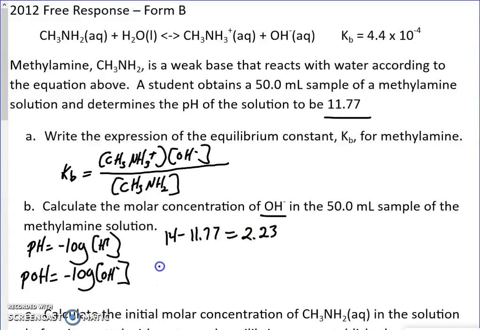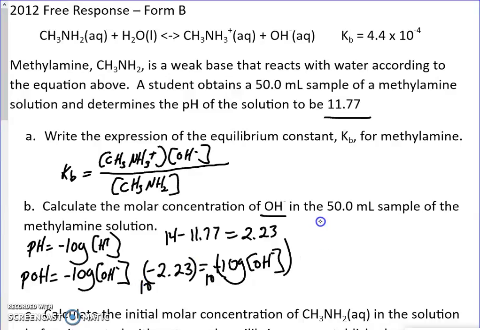So we can set up that equation. 2.23 is going to be equal to the negative log of the hydroxide ion concentration. First thing we have to do is get rid of the negative sign, and we bring that over. Next thing is we have to get rid of the log, which means we take 10 and raise it to the log of hydroxide, and 10 raised to the negative 2.23.